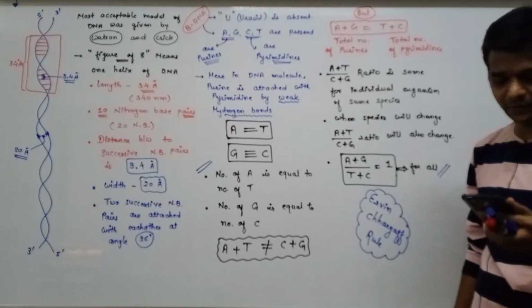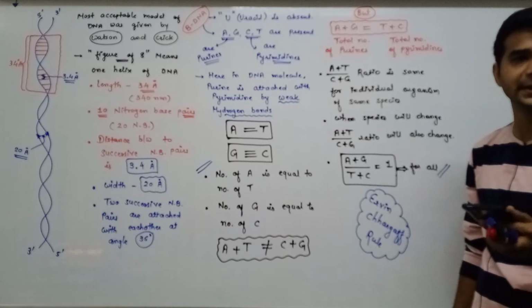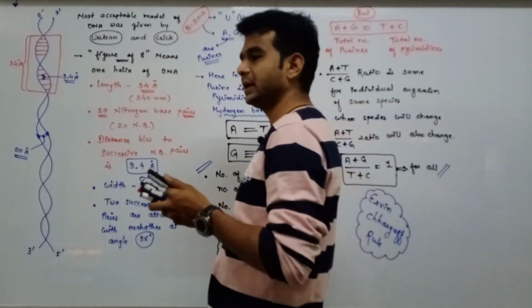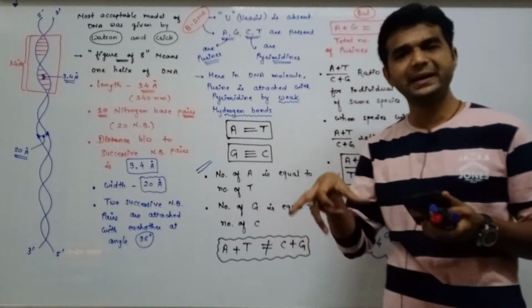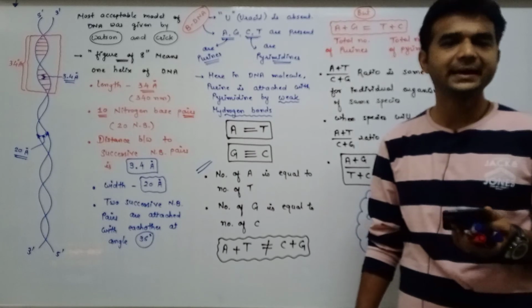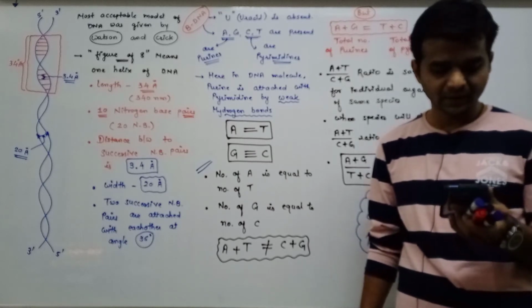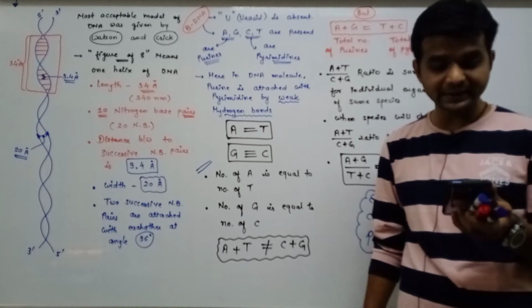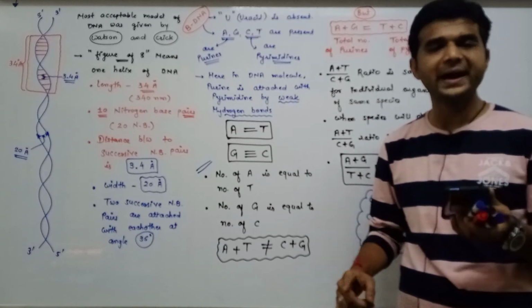At each step of ascent, the strand turns 36 degrees. That's why I have given here the idea that two successive nitrogen base pairs are attached at 36 degrees. One full turn of the helical strand would involve 10 steps or 10 base pairs.